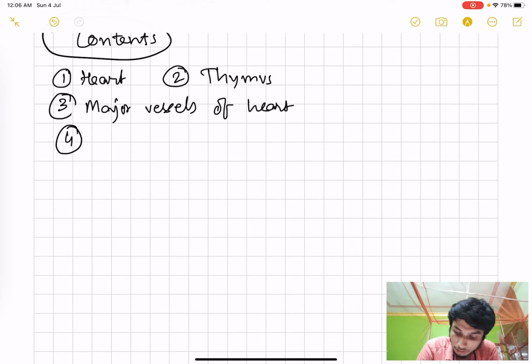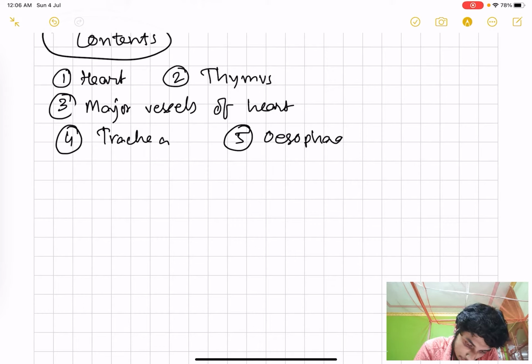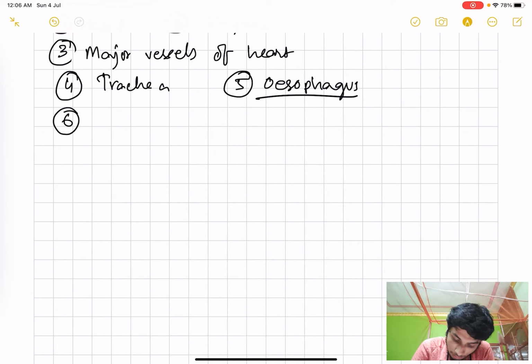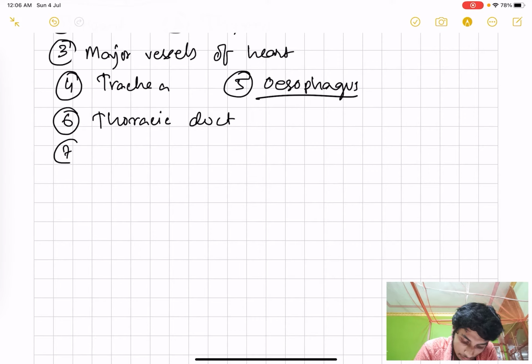Number 4, trachea. Number 5, esophagus. Everybody knows about esophagus, so let's move on. Number 6 is the thoracic duct. Number 7, that is another major thing, the nerves.